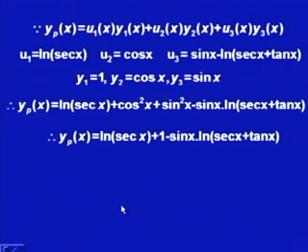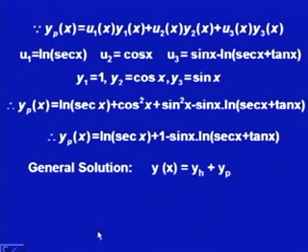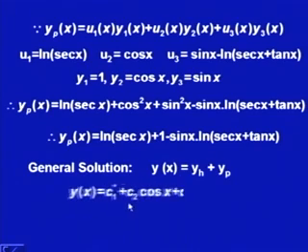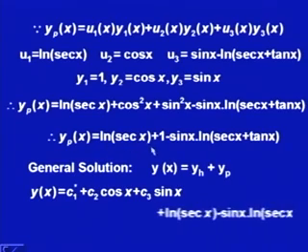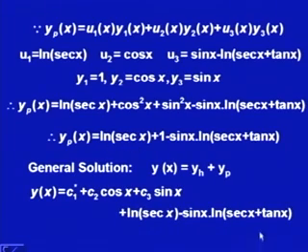The general solution we had already found in terms of C1 plus C2 cosine x plus C3 sin x. So, the general solution of the non-homogeneous equation, yh plus yp, would be C1 star plus C2 cosine x plus C3 sin x plus log sec x minus sin x log sec x plus tan x.